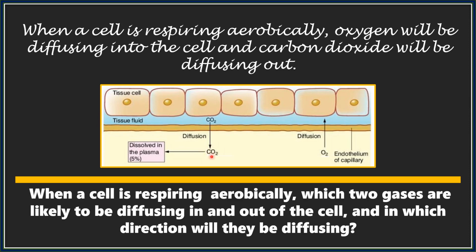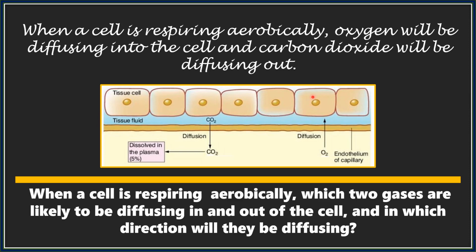Then it diffuses into the endothelium of the capillary, and you can see oxygen is moving from the endothelium of the capillary entering into the tissue fluid, from where it will diffuse into the cell.